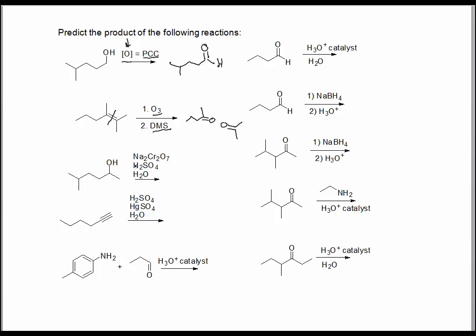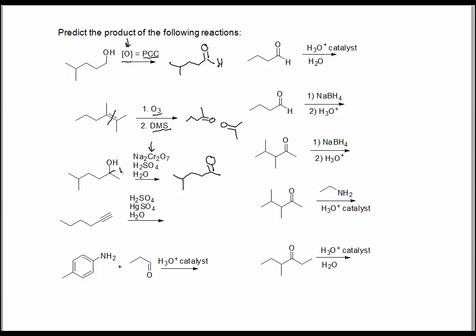Okay, this third one has a mixture of compounds, but Na2Cr2O7 is an oxidizing agent that is commonly used in organic chemistry. And in this case, it's going to turn this alcohol into a ketone. And that's all we can do.